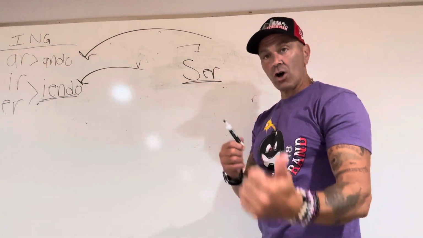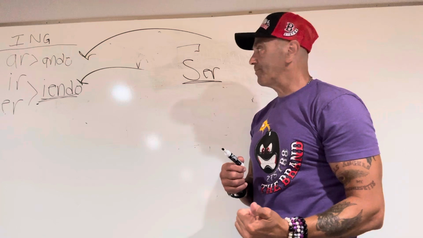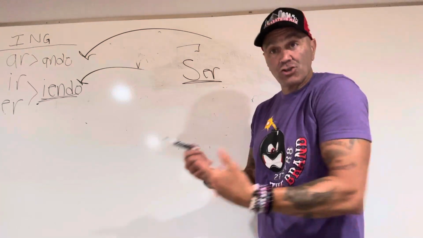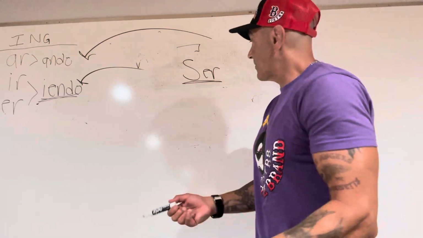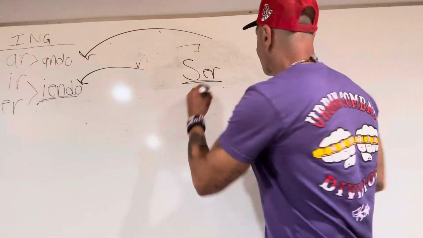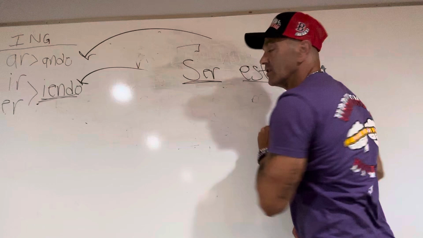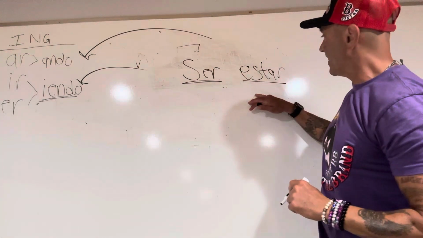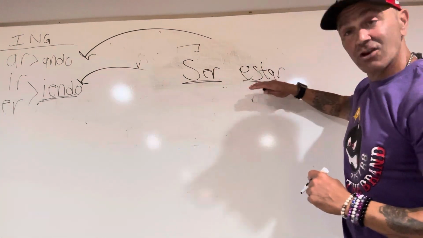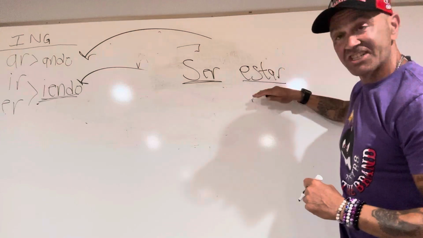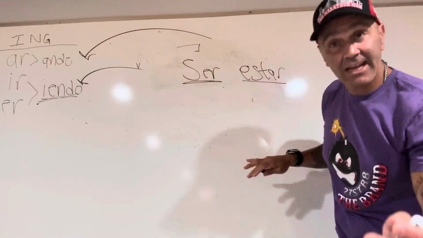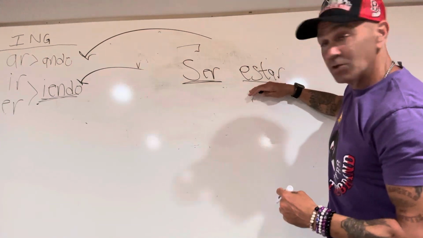Okay, so ser is lasting qualities. That's I'm tall. My name is Johnny, right? You would never use the other verb to be, which is estar. That's for locations and temporary feelings. If you're in a geographical area, you would use estar. If you're sick, it's a temporary feeling, you would use estar.